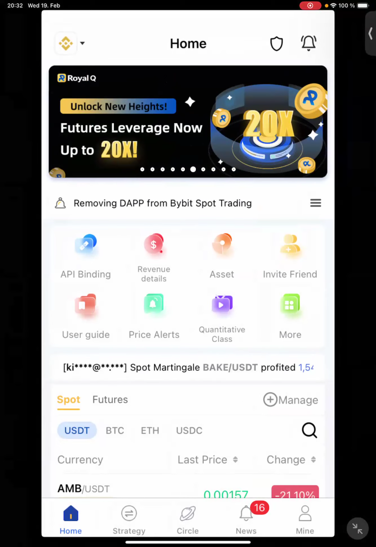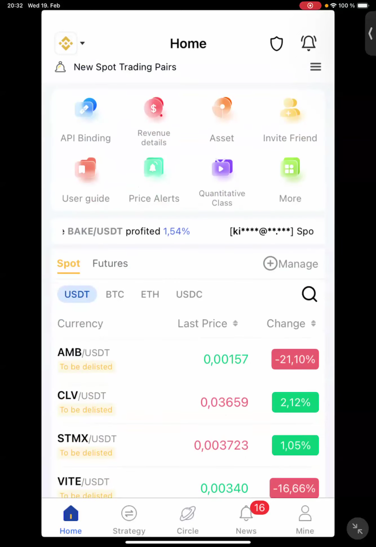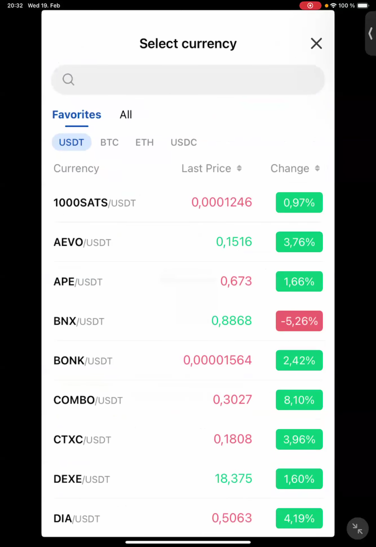The rest is not really important, but you use this search button to search for a coin. You can also find it under the strategy. Let's say they've posted a signal on the Telegram group or even on our WhatsApp groups. If you want to follow the signal, just use the search.